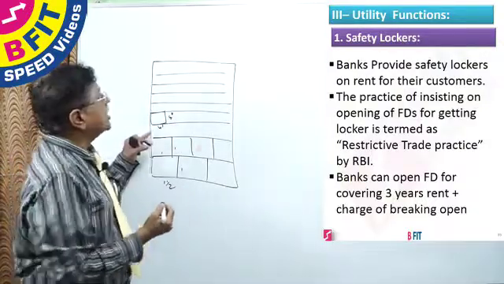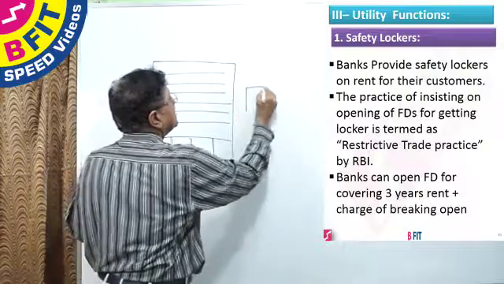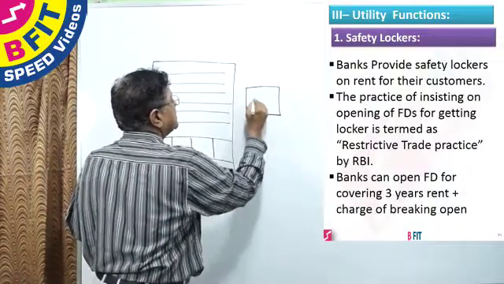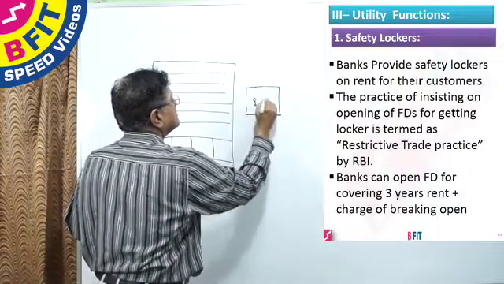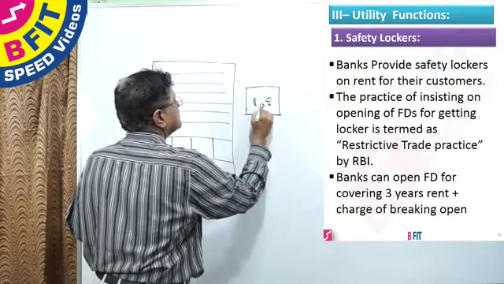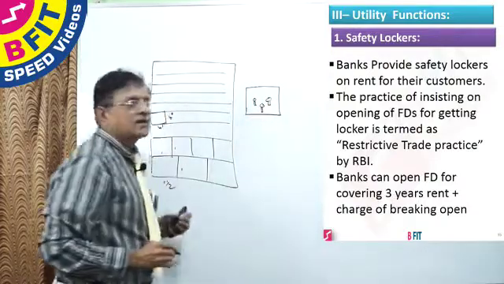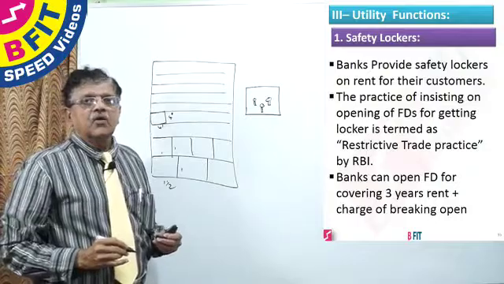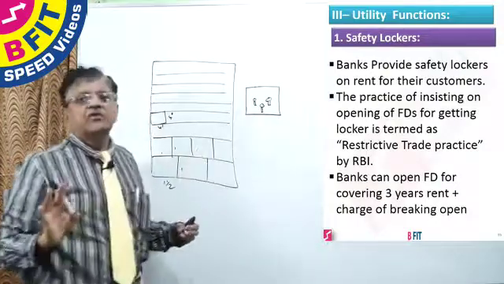So each locker unit will have 3 keyholes. One of the keyholes is a dummy keyhole.